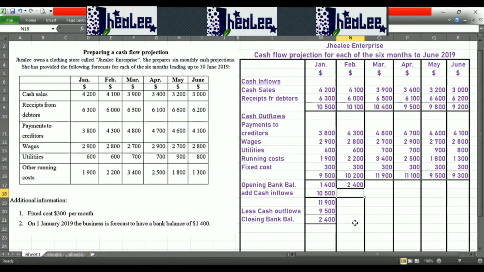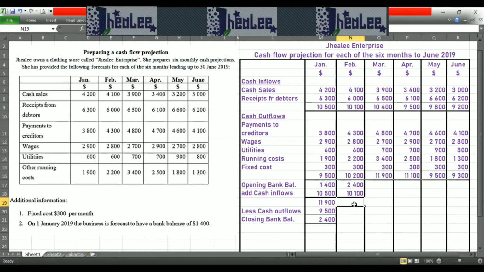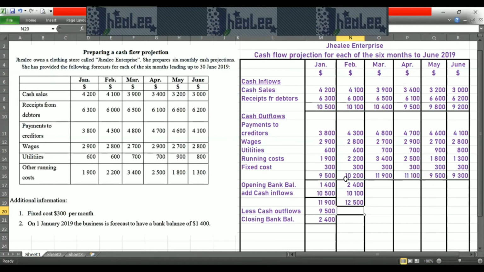To that, you're going to add the cash inflows from February, which is 10,100. And when you add that value to the 2,400, you get a total of 12,500. Your next step is to subtract your total outflows, and that is 10,200.